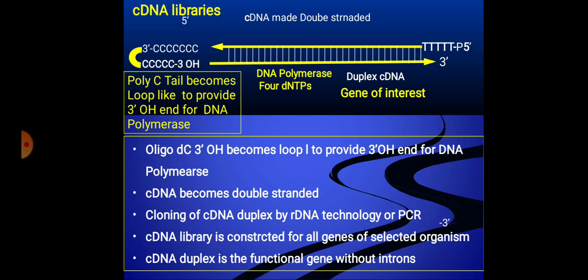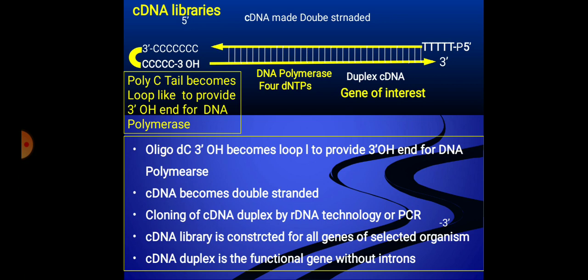Or the cDNA duplex can be cloned by PCR technique, polymerase chain reaction technique. In this way, the cDNA library of all the genes of a selected organism is constructed.